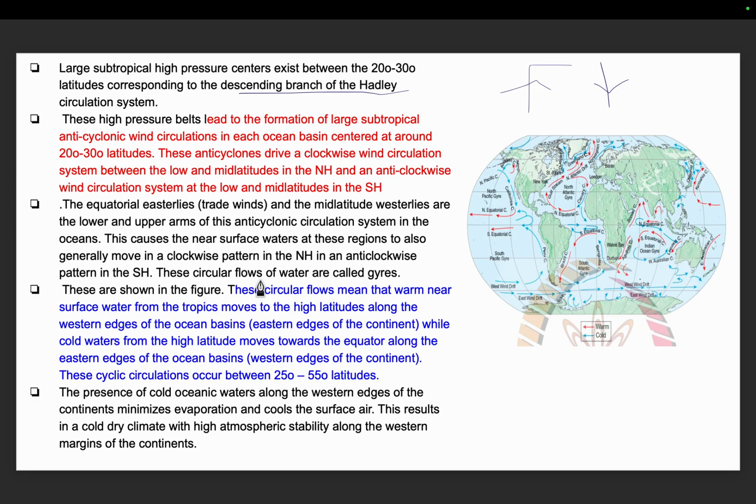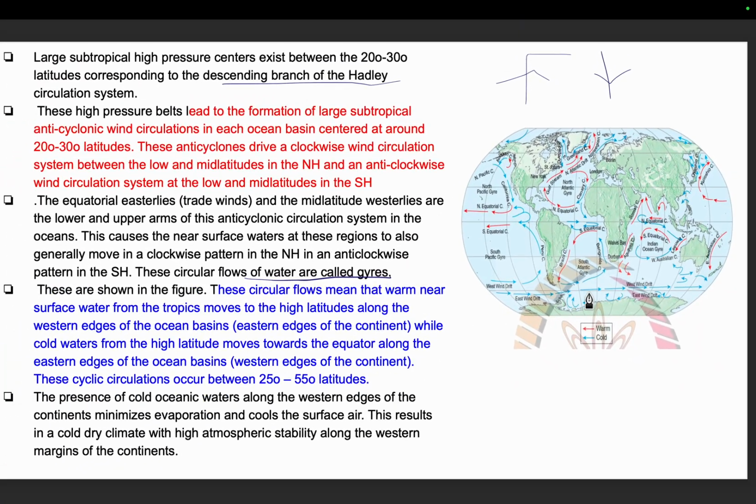These circular flows of water are known as gyres. This has been shown in this figure. The different gyres have been shown in this figure.